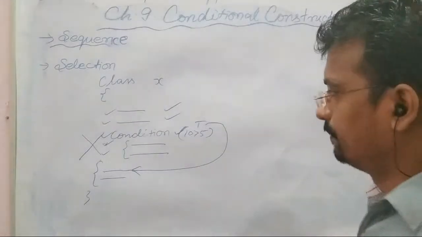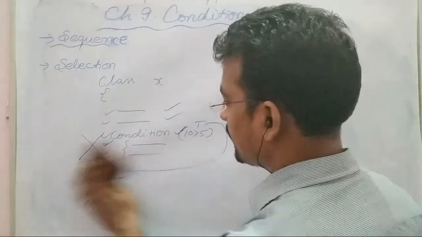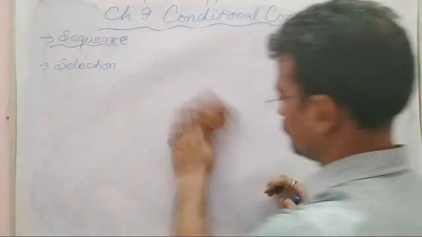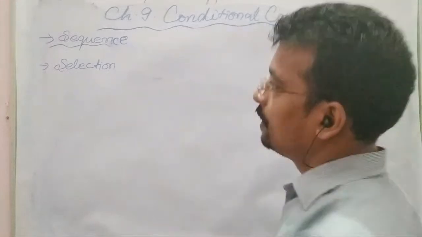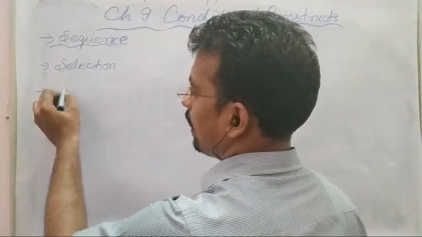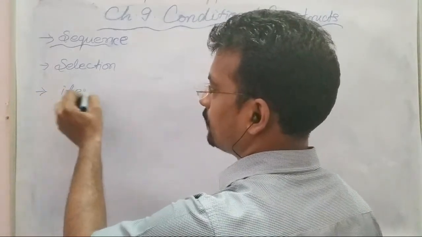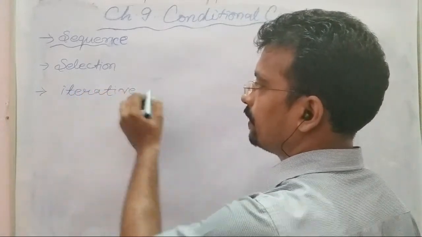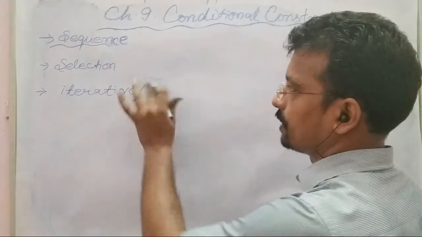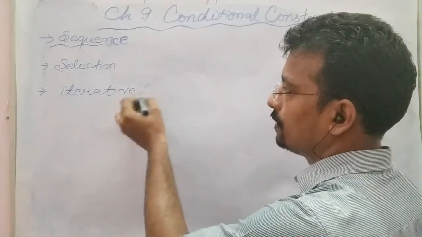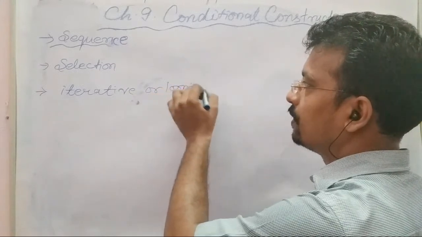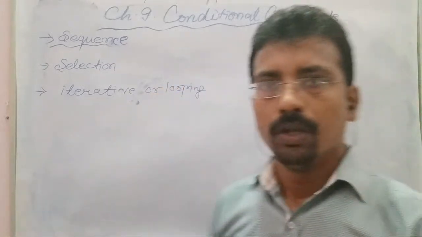Next is the third category of construct, that is called the iterative construct, or looping construct. What is a looping construct?